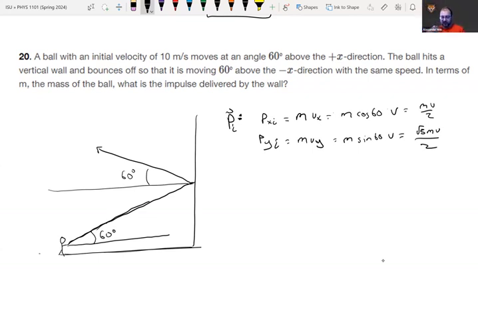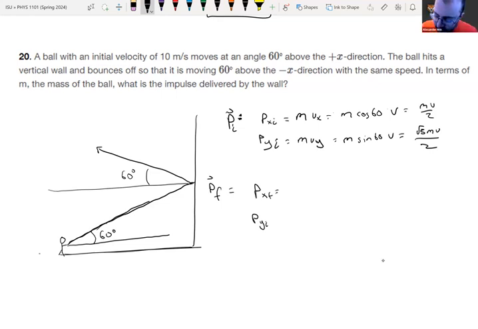Now, again, this figure is not drawn quite correctly. Now, the final momentum is basically you're going to have P sub x final and P sub y final. Now, with P sub x, the main thing you need to appreciate is that it's going in the negative direction now. Okay, that's very important.